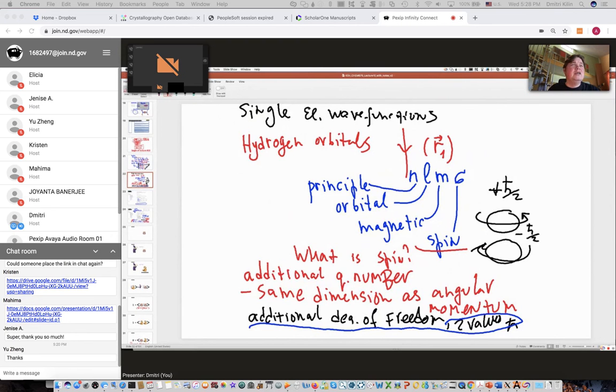So if we have a wave function for the hydrogen atom, these S, P, D orbitals, right? This wave function is characterized by 4 quantum numbers. Principal, which tells how big the energy of the orbital is.